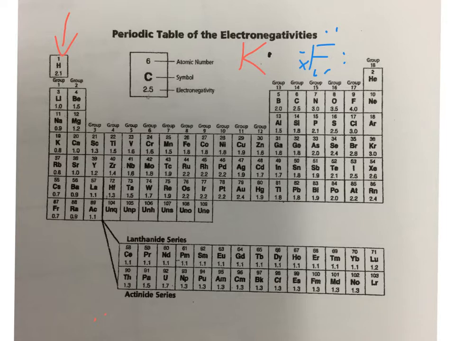All right? So now, is this an ionic bond or is it a covalent bond? K is what? Is it a metal or a non-metal? Potassium is a metal. Very good. Okay, fluorine is what? Fluorine is a non-metal. Very good. So are these going to share or transfer?